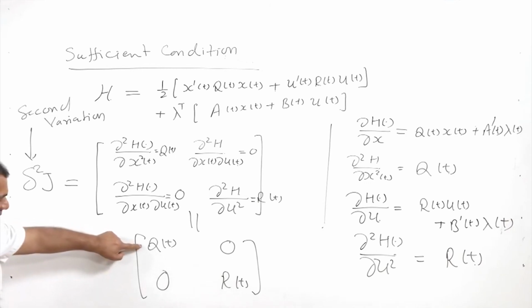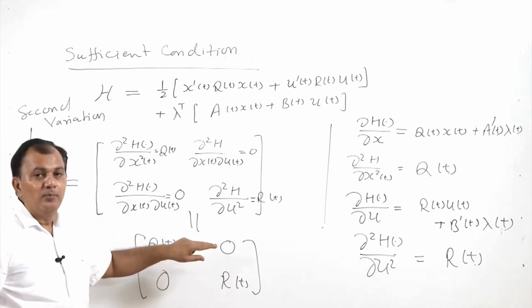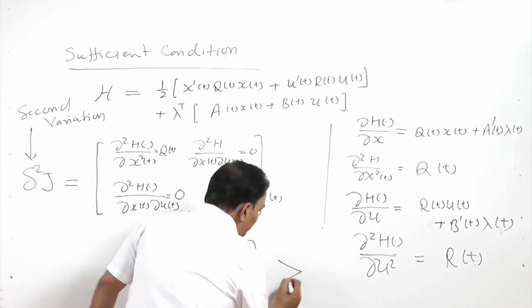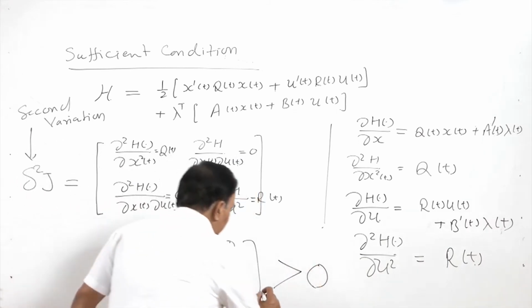If Q(t) is a positive semi definite matrix and R(t) is a positive definite matrix, this means this matrix is positive definite.